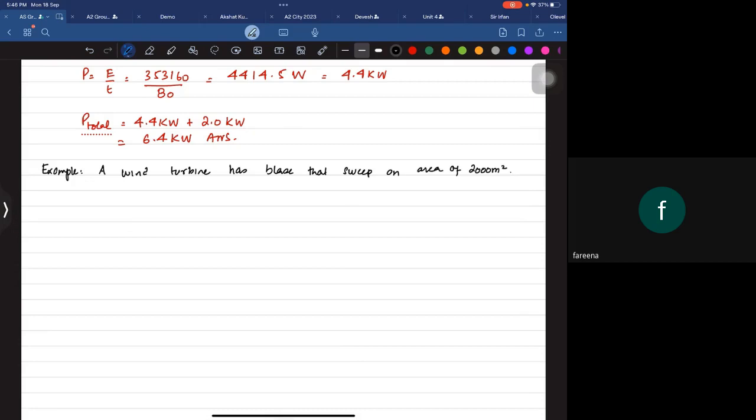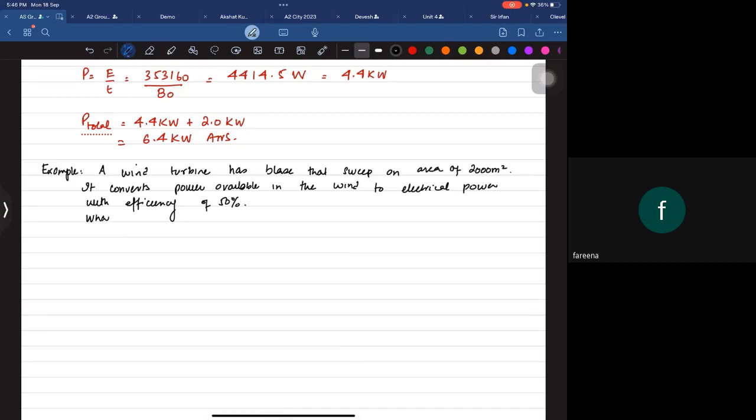Now it says it converts power available in the wind to electrical power with an efficiency of 50%. All right.